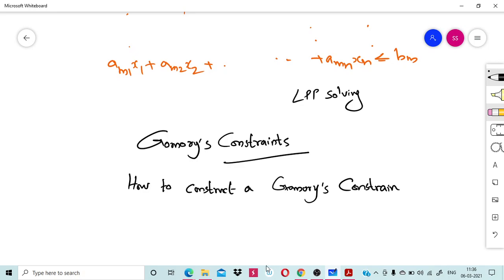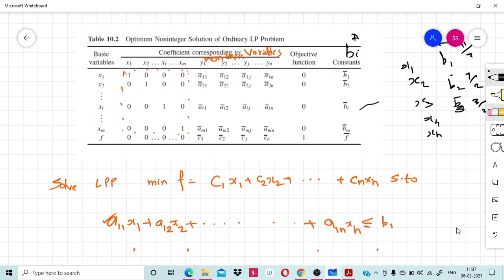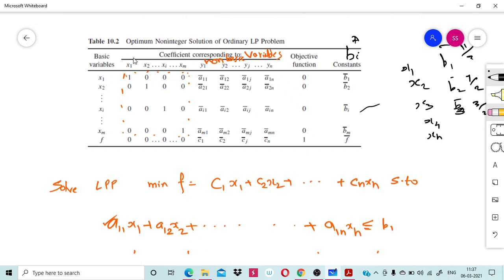Okay, yes. So from our table, the first step for the construction of a Gomory constraint is you observe your table, that means this table, table 10.2. You observe your table and choose the basic variable with the largest fractional value.